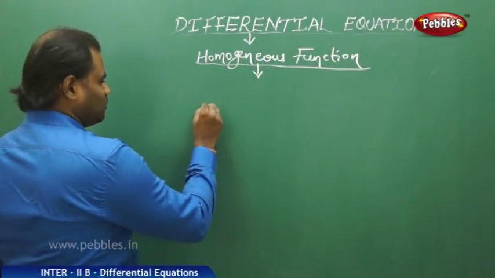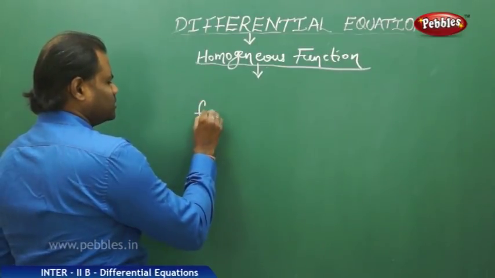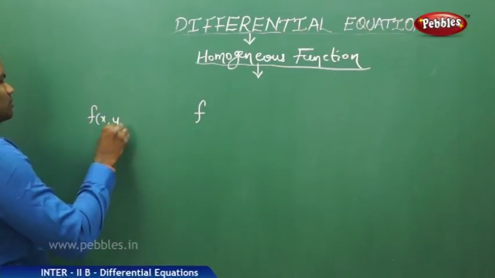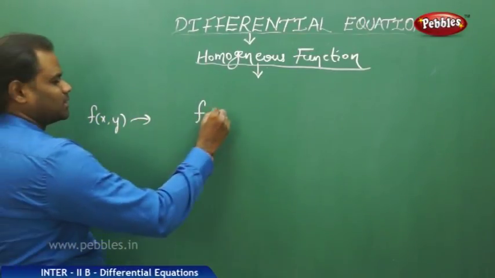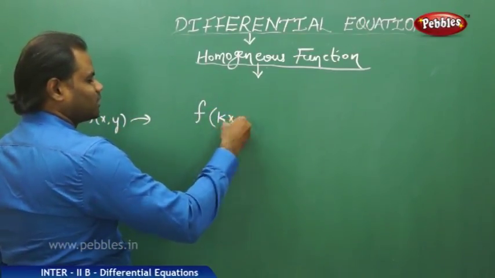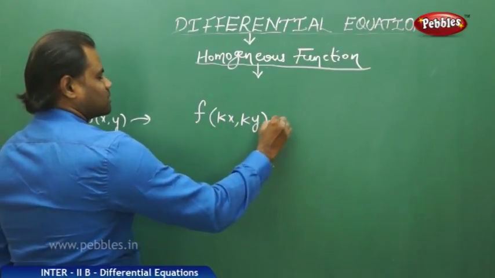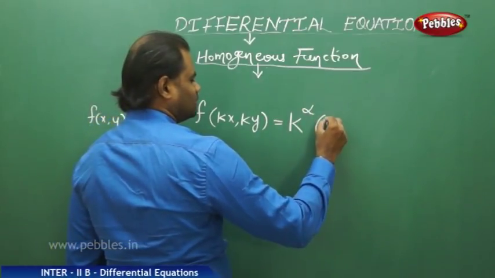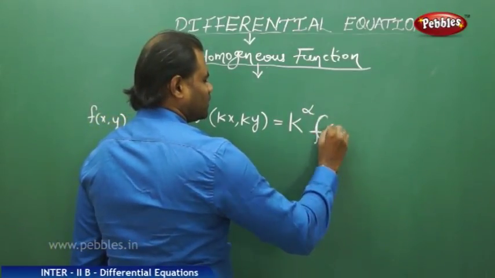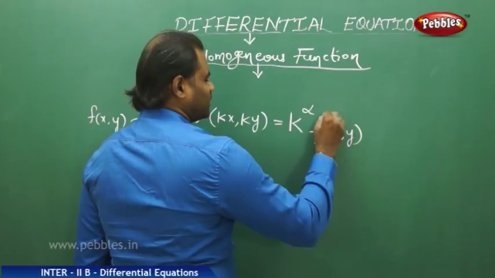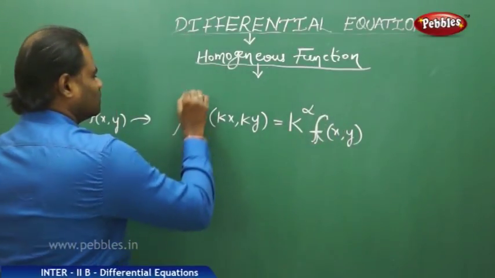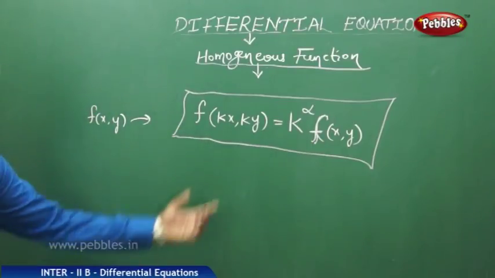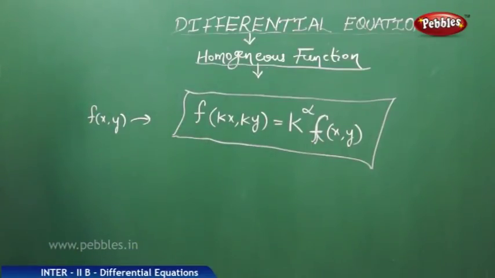A function f of xy in two variables is said to be homogeneous if I introduce the concept of k, such that f of kx ky is equal to k power alpha of f of xy.